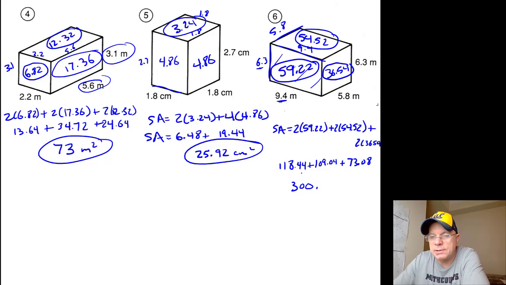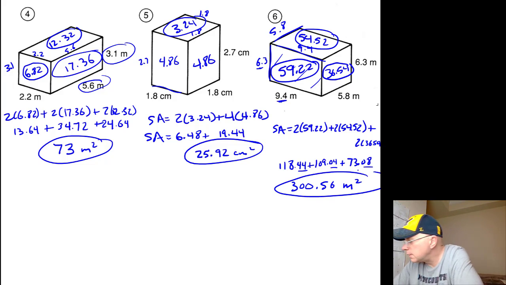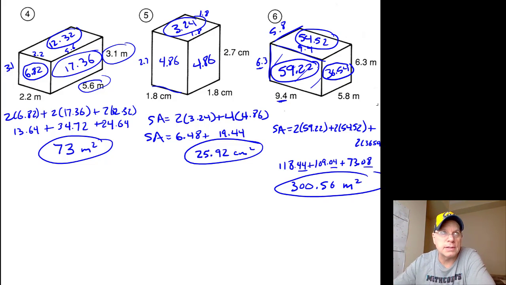And adding up the hundredths, I have 44 and 4 and 8 is 56. So 356 hundredths meters squared. Don't forget that it's square meters because the total, it's the sum of all the areas, and area is two-dimensional. It's the amount of two-dimensional space taken up by the surface of each prism.